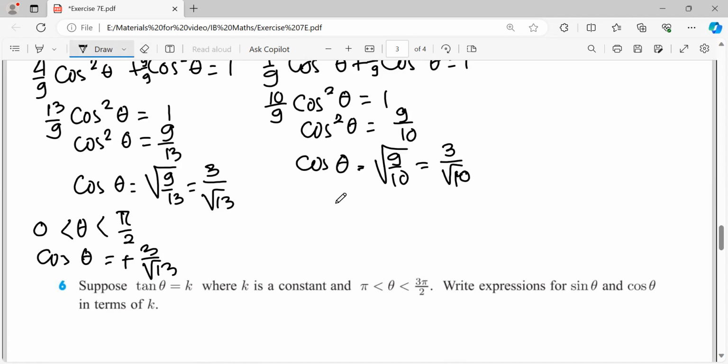Recall that theta is greater than pi over 2 and less than pi.